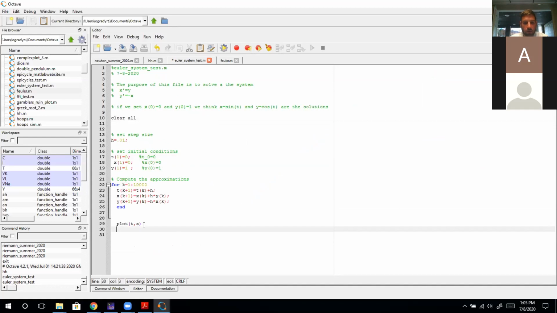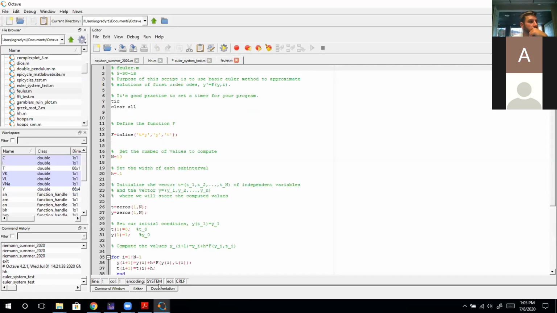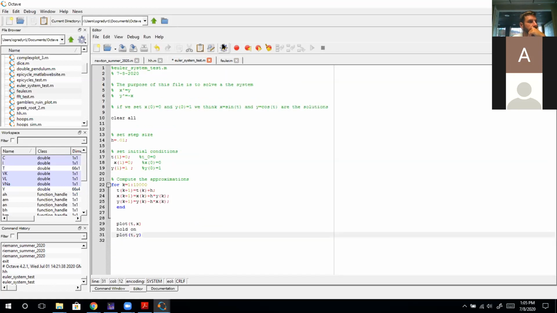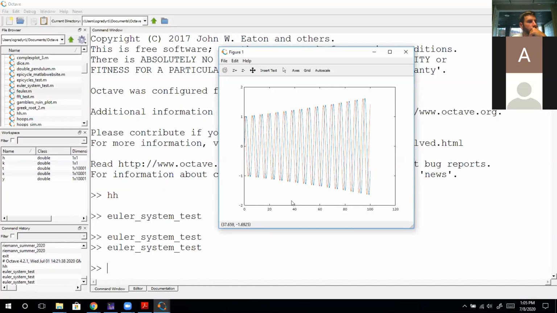And then let's add the other guy too. And then if we wanted, we can adjust all the other stuff soon enough. So now once I run it, oh boy.